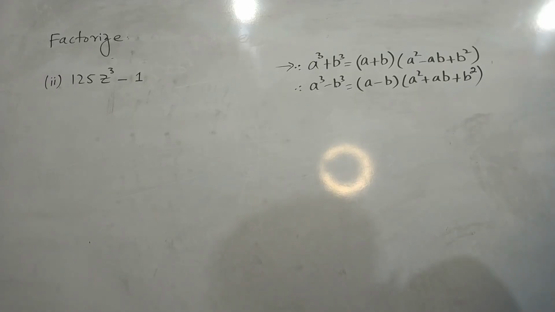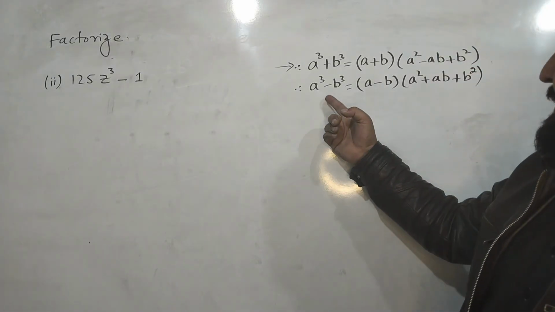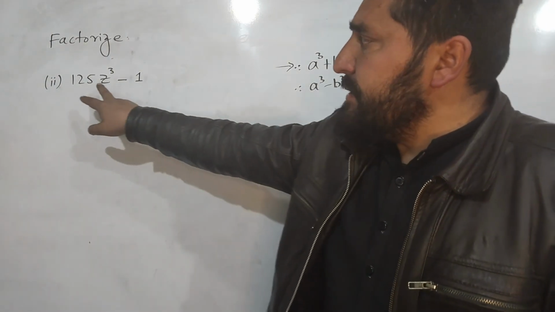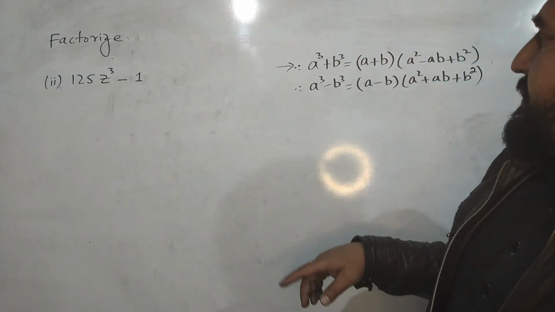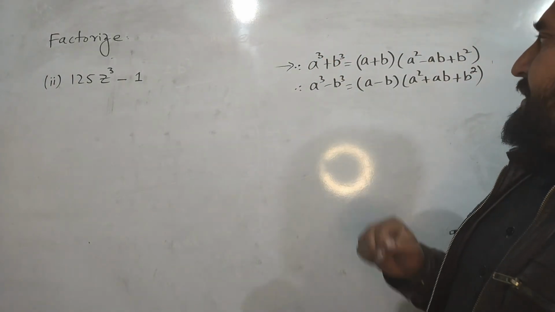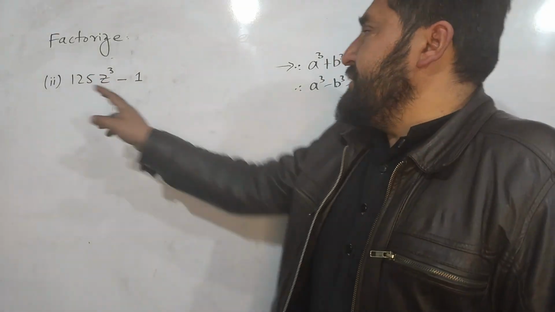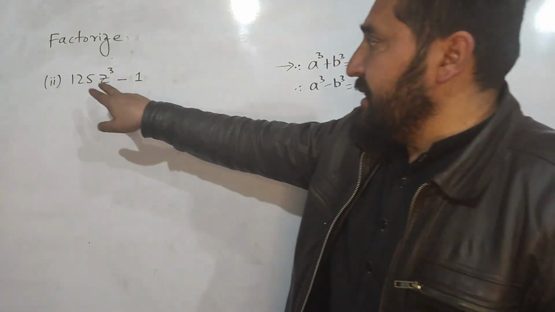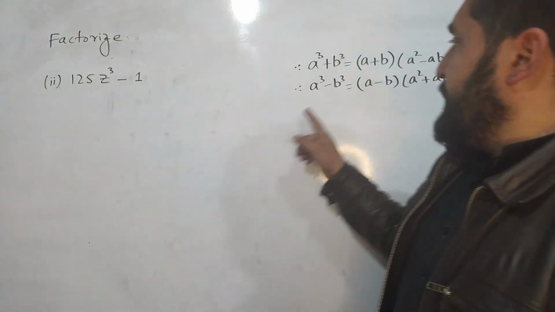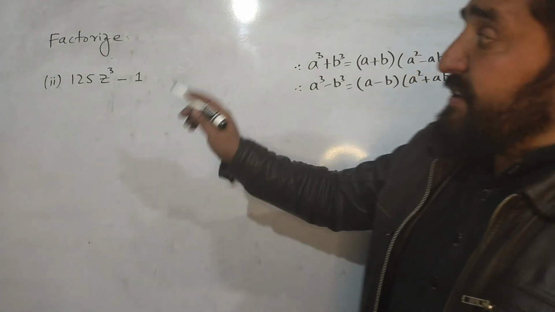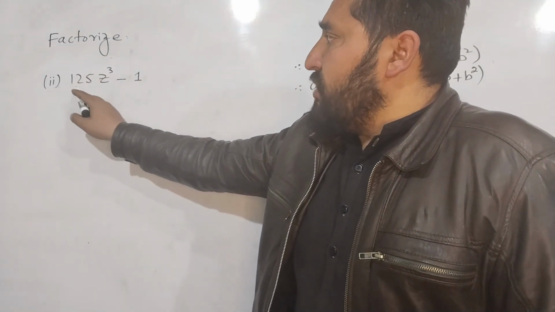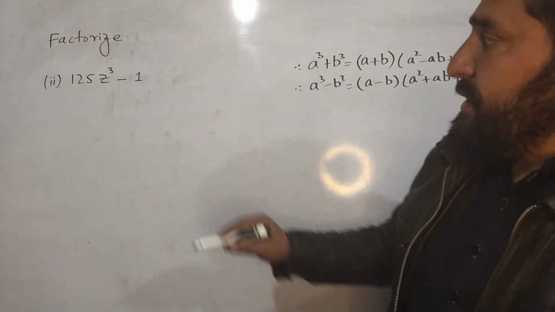There is another question which is related to the second identity. Why? Because there are two cube terms here, and one is plus and the other is minus, so we use the second one. If both are plus, we use the first one, but in this question one is plus and the other is minus, so we use the second one. First we make the whole term a cube.